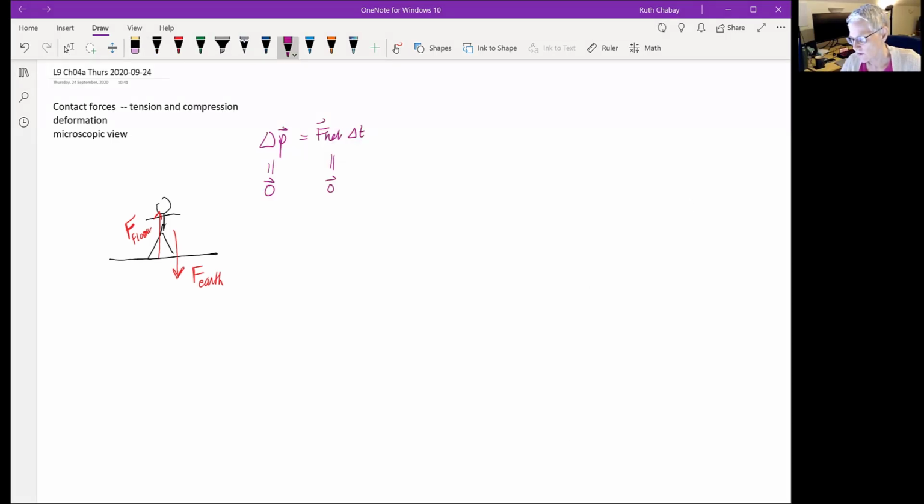So we can calculate the force that the floor is exerting on the person, right? Because the net force is just the gravitational force due to the Earth plus the force by the floor. And we can worry about magnitudes here. So we can say that the magnitude of the gravitational force is going to be equal to the magnitude of the force by the floor.